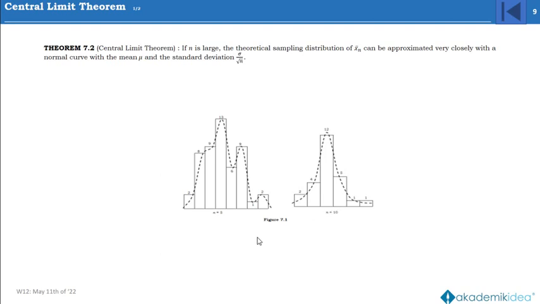The diagram shown in figure 7.1 presents the experimental sampling distributions, the histograms, as well as the normal curves, frequency polygons, which approximate the corresponding theoretical sampling distributions.